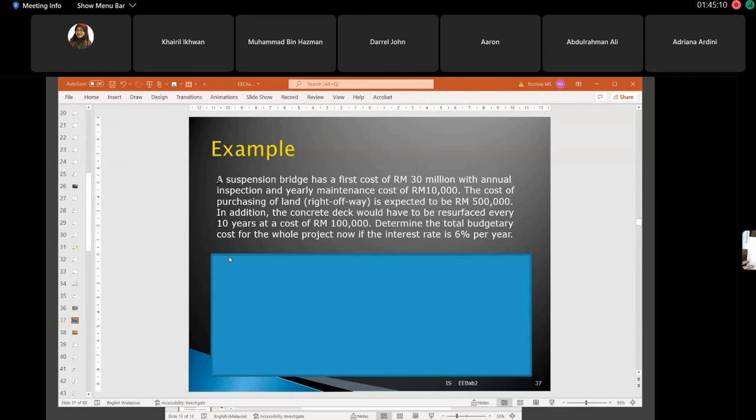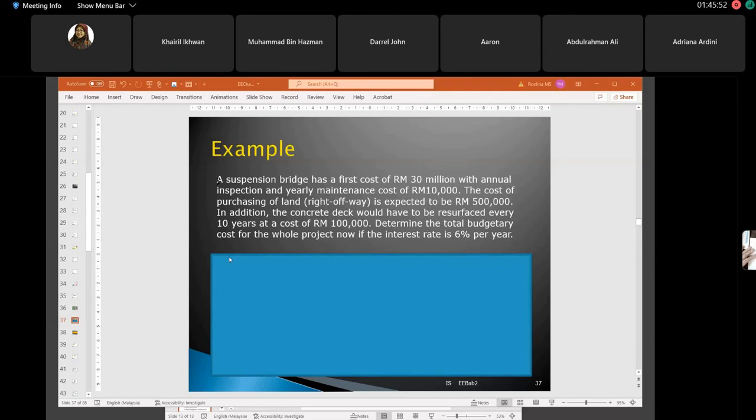The suspension bridge has a first cost of 30 million with annual inspection and yearly maintenance cost of 10,000 ringgit. First cost. So you have the time scale. It means here the first cost is 30 million ringgit.